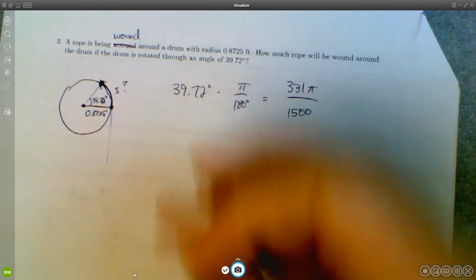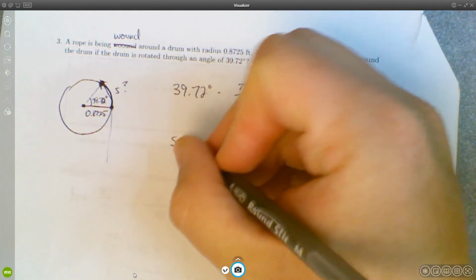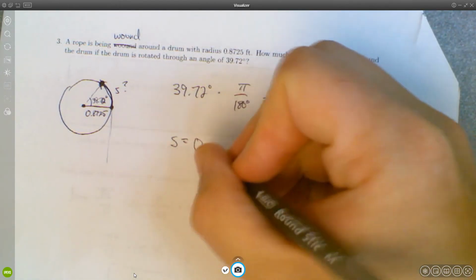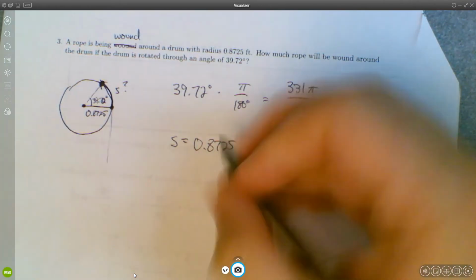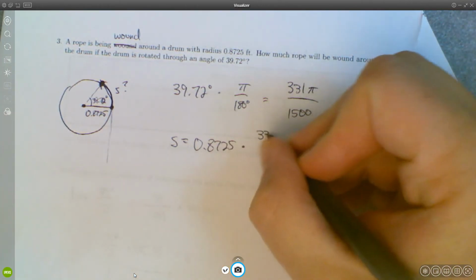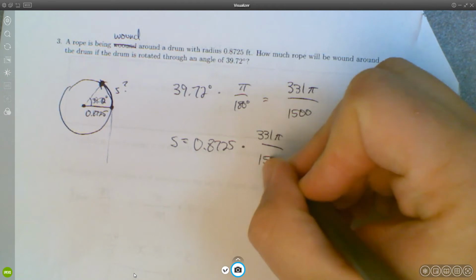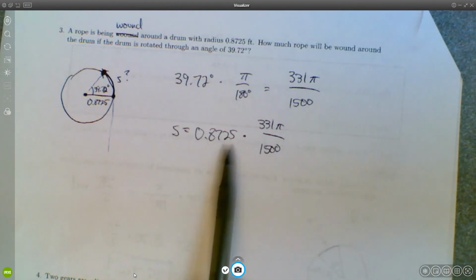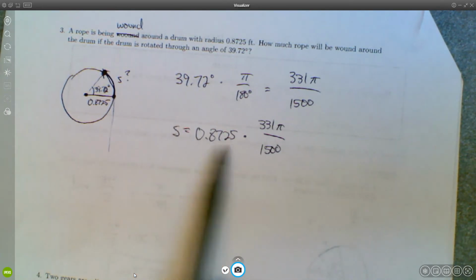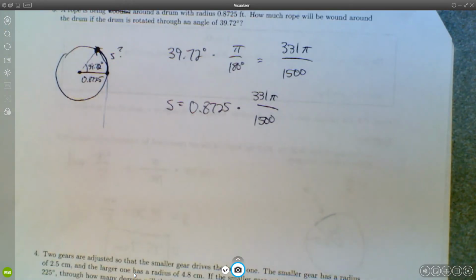But now I can find the arc length. I can say S is going to be 0.8725, that's the radius r, times theta, 331 pi over 1,500. And now this one I'm going to go ahead and round to 4 significant digits. That's the number of sig figs that I started with.